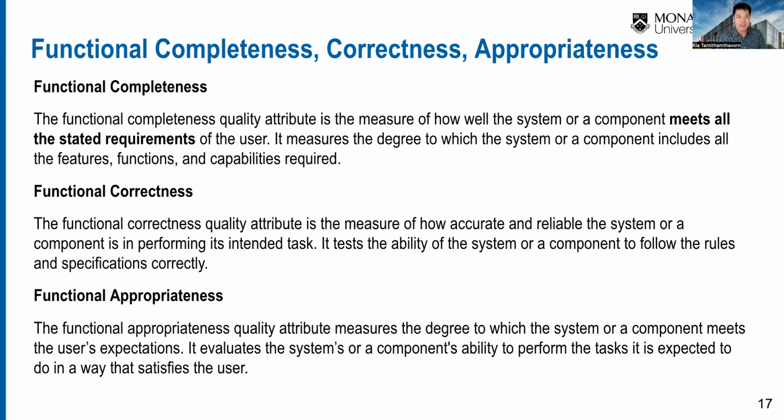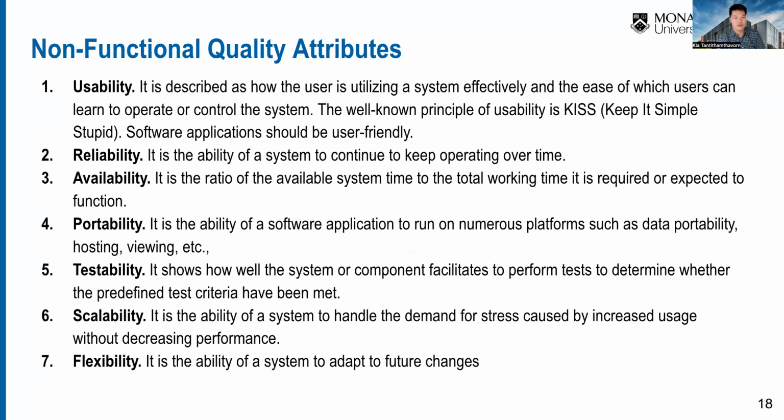That means the functionality is correct, but it doesn't perform in a way that satisfies the user. So that's why we need to consider 3 different aspects of functionality. It's not only functional correctness, but also whether it is appropriate and whether it is complete.